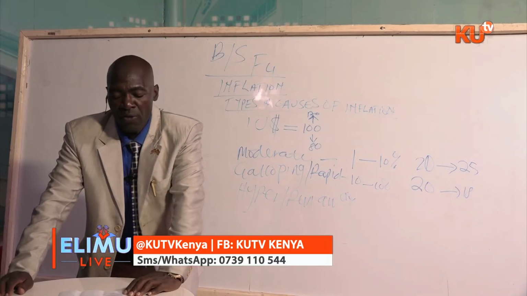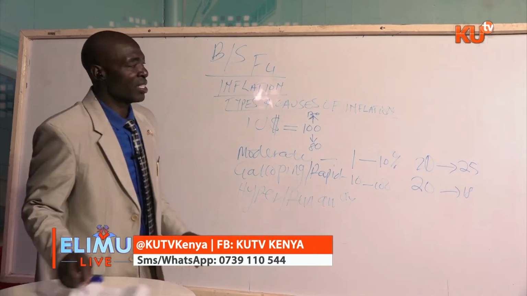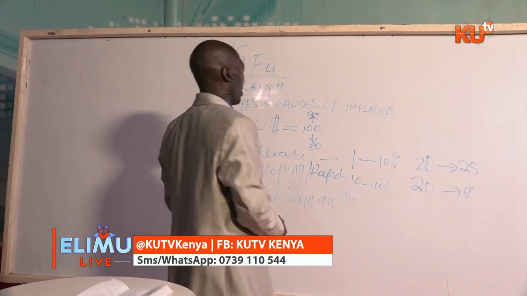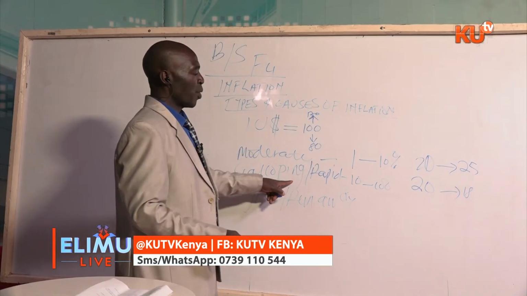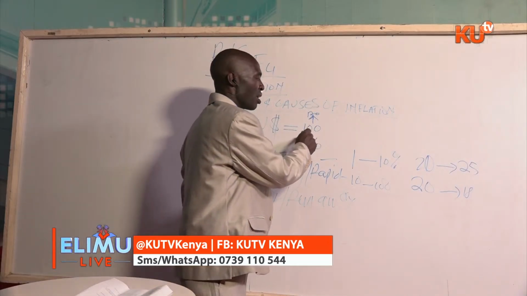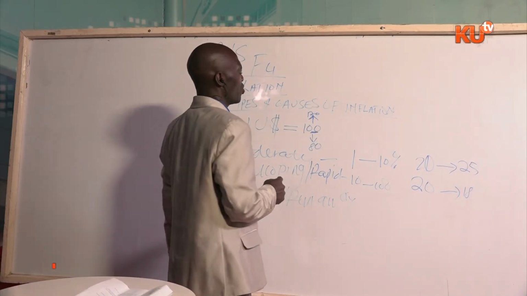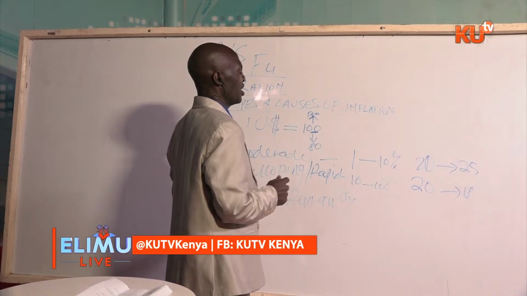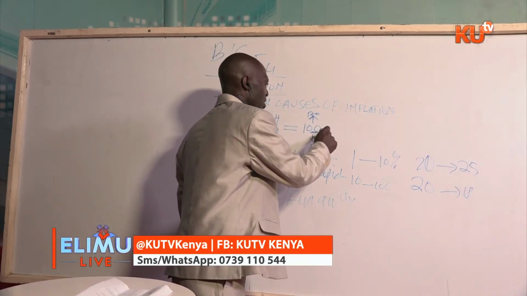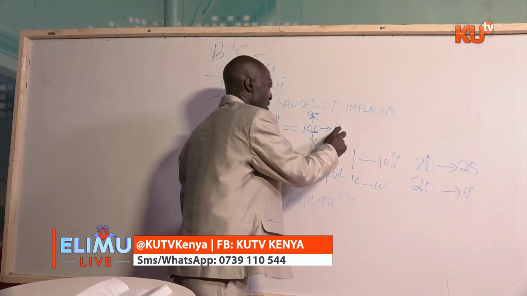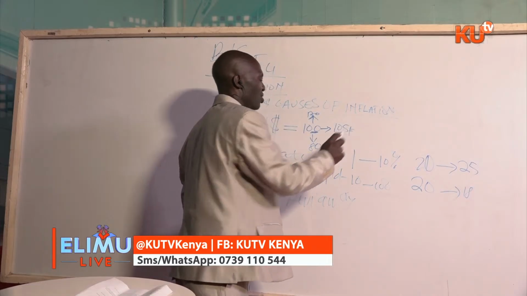The changes will now feel that the purchasing power of that local currency is losing strength. In this case, if the Kenyan shilling was at 100 to the US dollar, it might rise to something like 105 shillings.